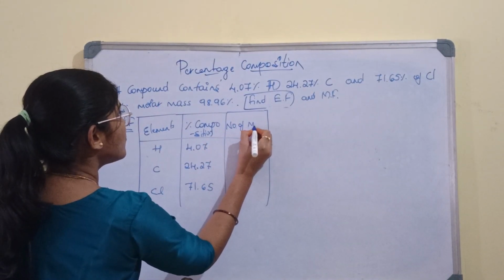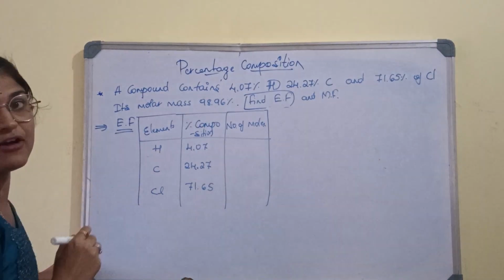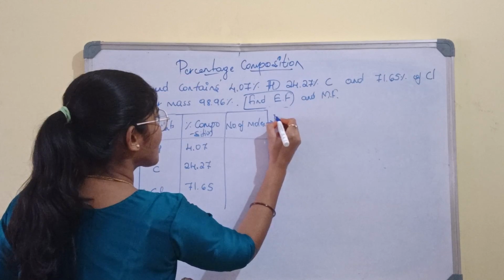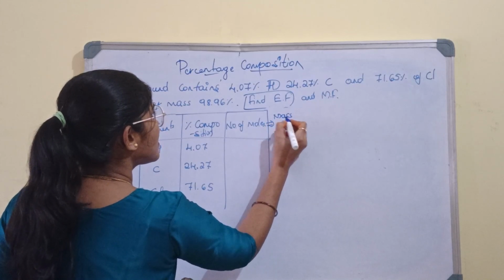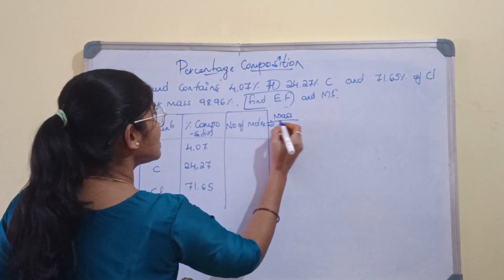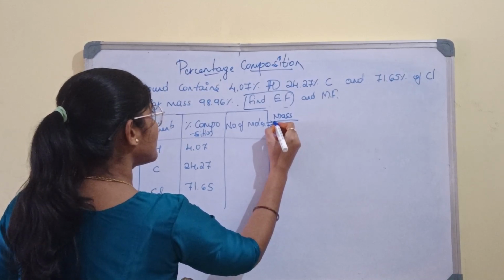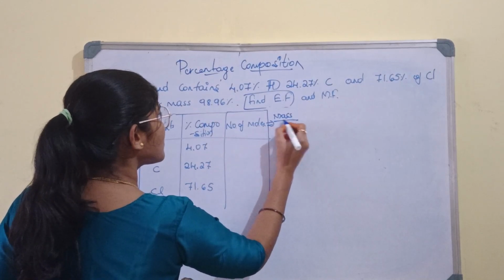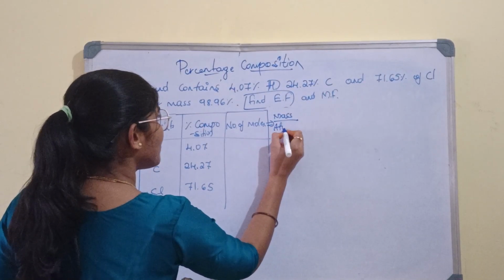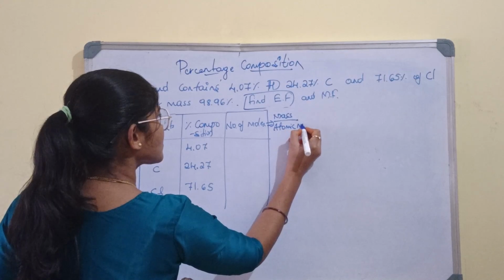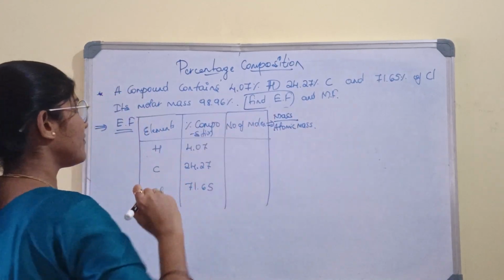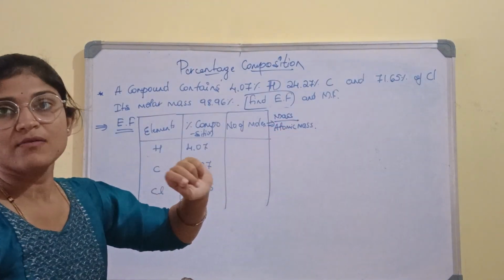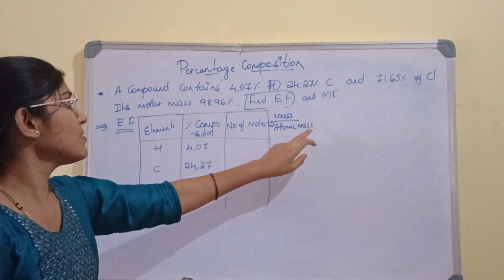Next, in the third column, find the number of moles. Number of moles can be determined by given mass divided by atomic mass.